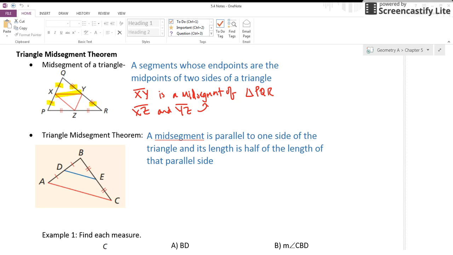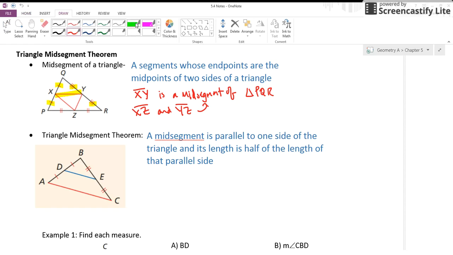If you take a look at the example on the left, you should be able to tell DE is a midsegment because it goes from midpoint to midpoint. So we know two things from this theorem.